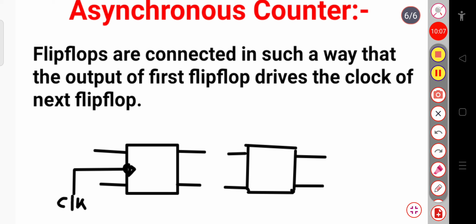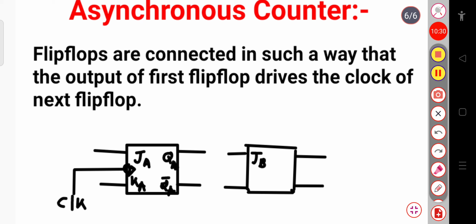Suppose for the first flip-flop, I am considering the JK flip-flop. This is JA, this is KA, and this output is QA, and this is QA bar. And in this second flip-flop, this is JB, this is also a JK flip-flop we are using.